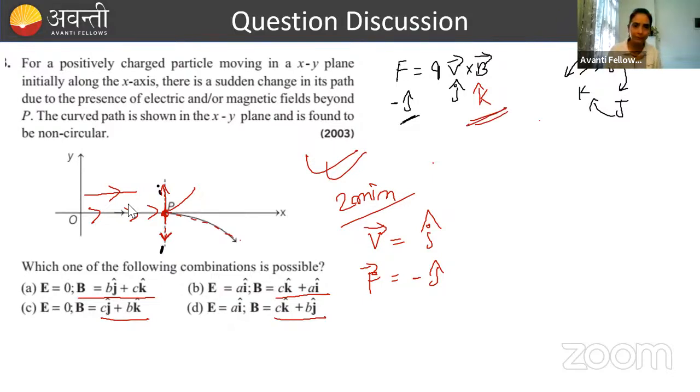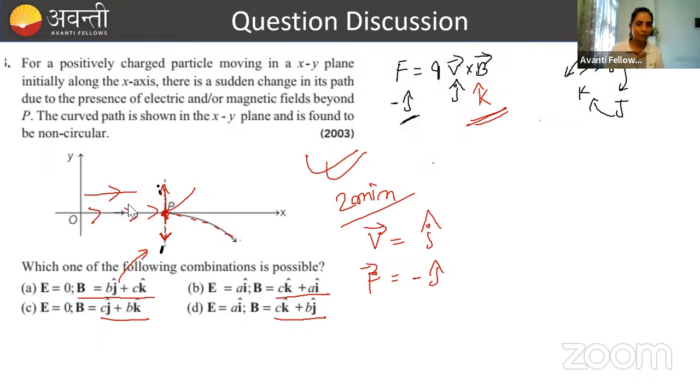How to filter the rest? Look carefully: if the magnetic field is in the j direction, then what will i cross j be? k. Taking the first option, the magnetic field is of magnitude B in the j cap direction, and velocity is always in the i cap direction at point P, right?